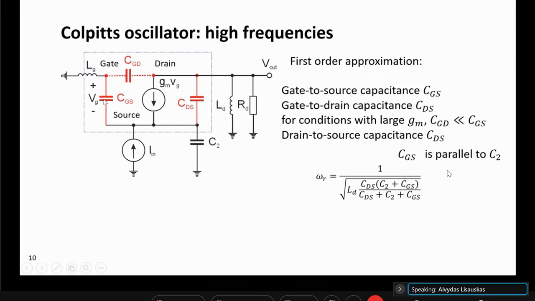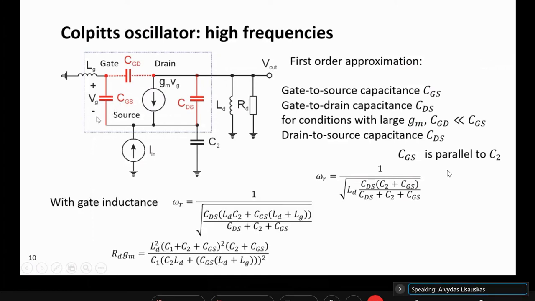What helps is to add an inductor at the gate. If one now adds an inductor, the shunting role of C gate-source actually gets eliminated to some extent. This inductor here also adds directly to the drain, but the action is different.